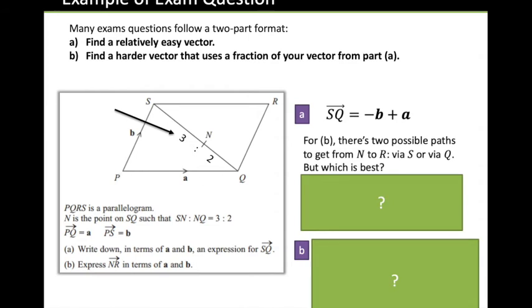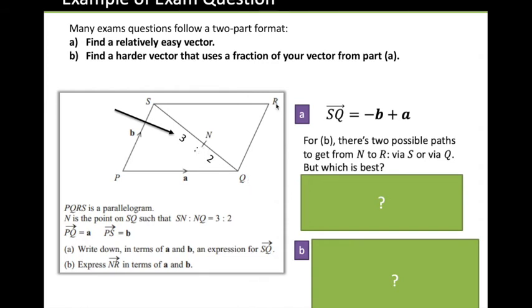Okay, and then part B, you are asked to express vector NR in terms of A and B. Well, you can go that way, of course, or you can go this way.